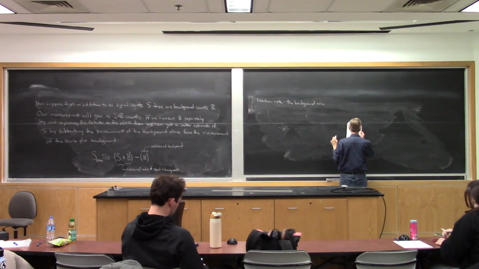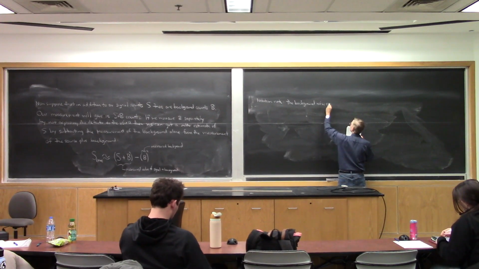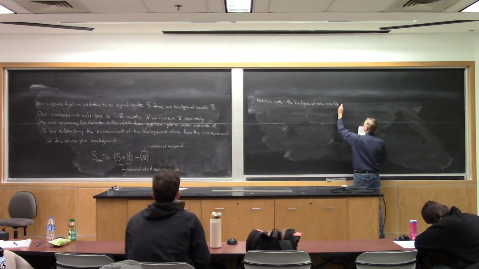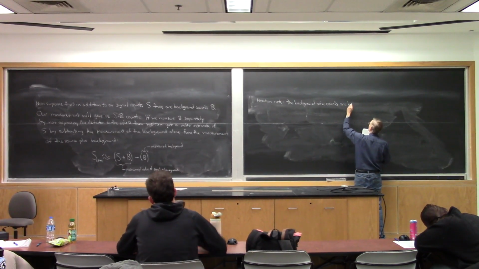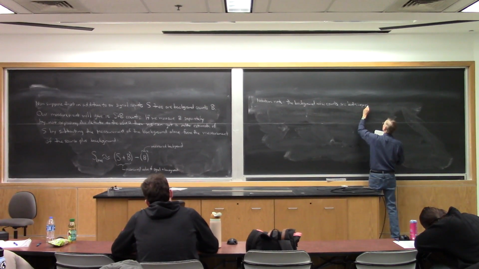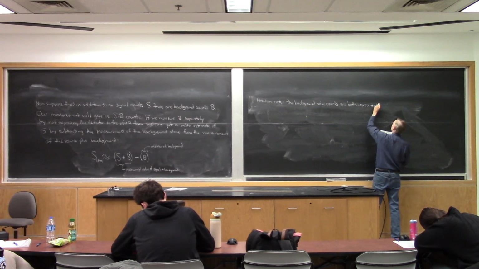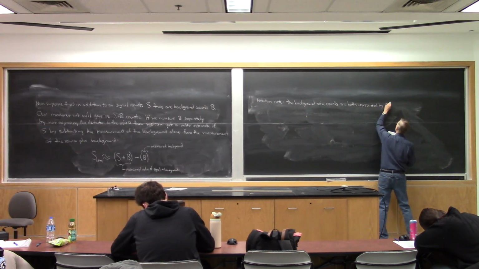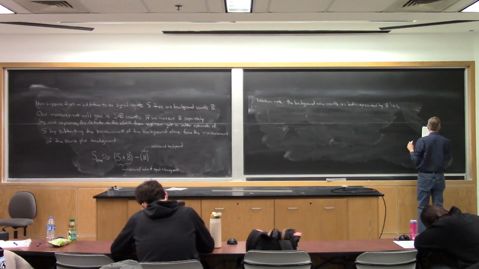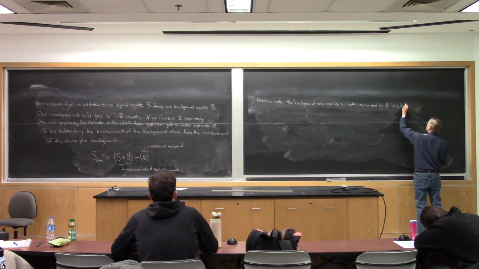The background noise counts are both represented by B here. But they will generally not be equal due to statistical fluctuations.